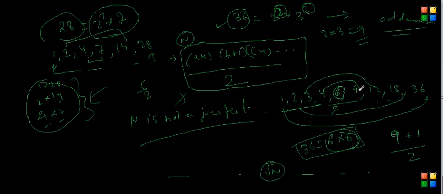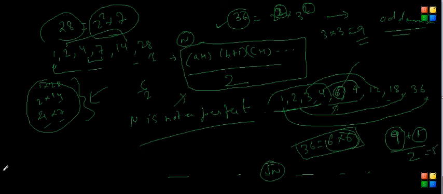This is nothing but the total number of positive factors plus 1, by 2, because there is one number left which is going to get squared and give me an extra product. For the other numbers I already have a pair. There are 4 pairs, but there is one extra pair which you get by doing 9 plus 1 by 2, which is equal to 5.